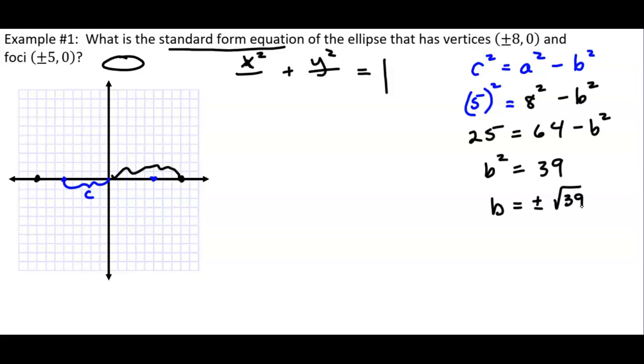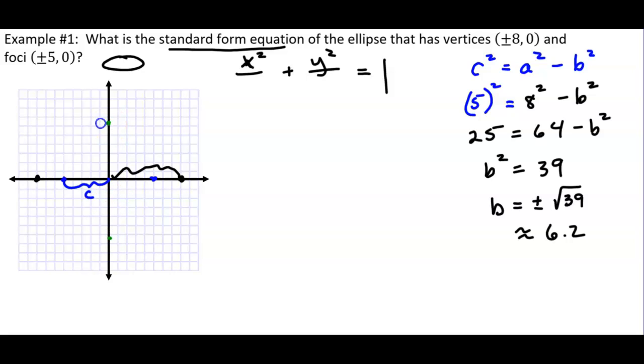Yeah, it's about 6.2. So what that means, if I were to finish my graph here, I could go up 6, 1, 2, 3, 4, 5, 6.2, so a little bit above the 6.